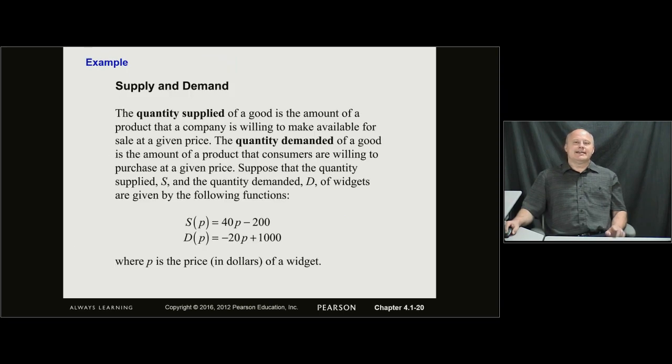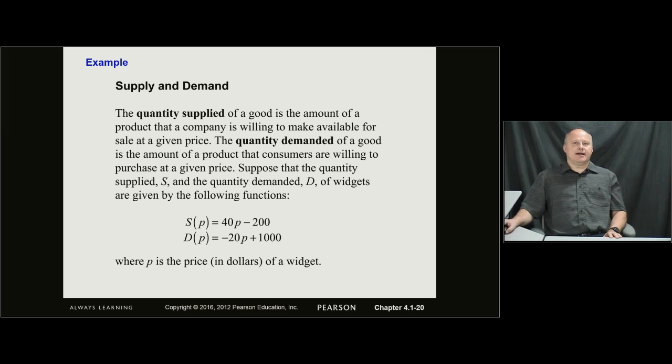All right? Now let's look at another type of linear relationship called supply and demand. The quantity supplied of a good is the amount of a product that a company is willing to make available for sale at a given price P. The quantity demanded of a good is the amount of the product that consumers are willing to purchase at the given price.